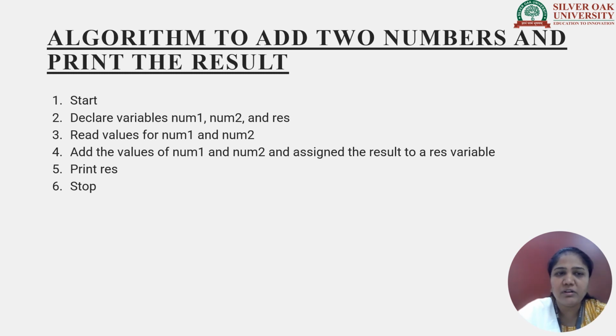In the next step, add those values and store the result into the res variable. And in the fifth step, we simply print the result. And once everything is performed perfectly, we stop the program. So as you can see, an algorithm is a set of instructions for performing any particular task.